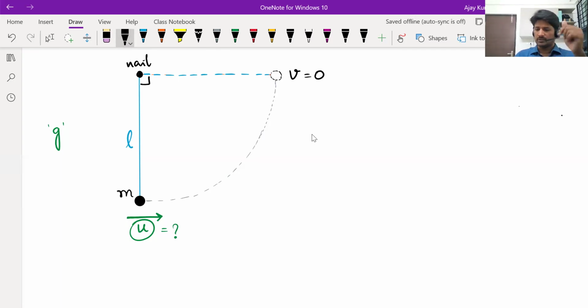Now you know velocity at one position and you need to find out velocity at another position. What are the different methods to solve such problems? Work energy theorem can be used. What else?